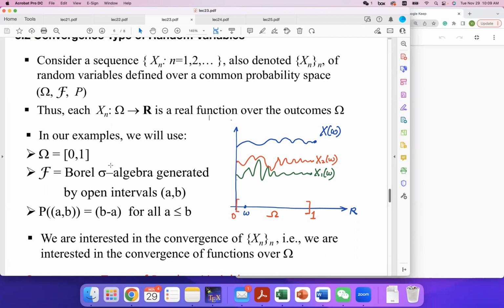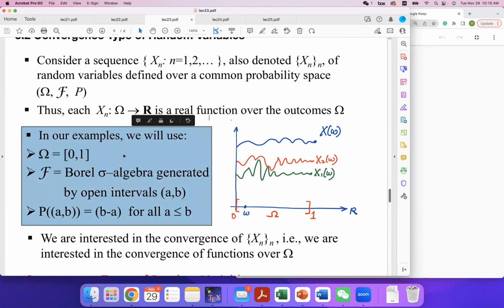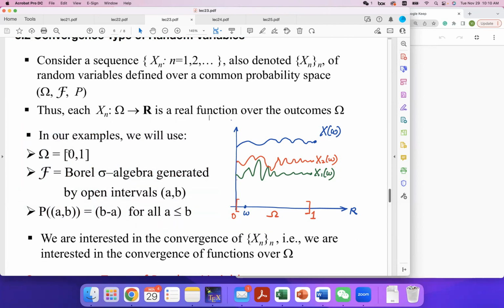We have introduced this basic setup in the previous lectures when we talked about uncountable continuous outcome spaces, or basically uncountably infinite outcome spaces. The basic setup is that omega is the unit interval, which includes uncountably infinitely many real numbers.